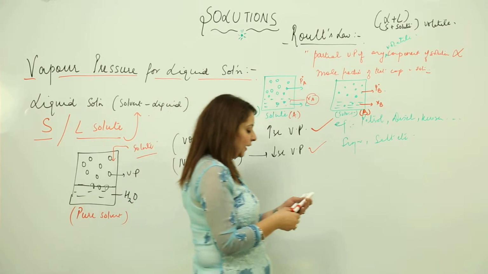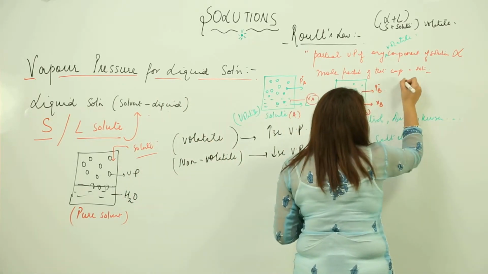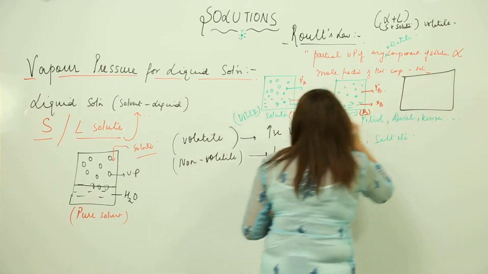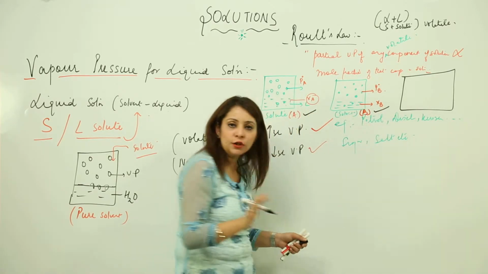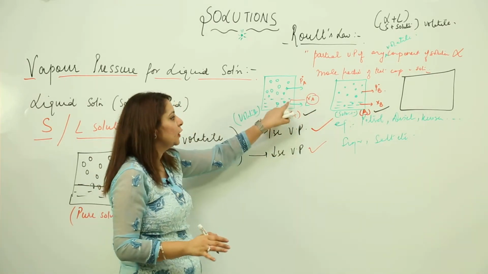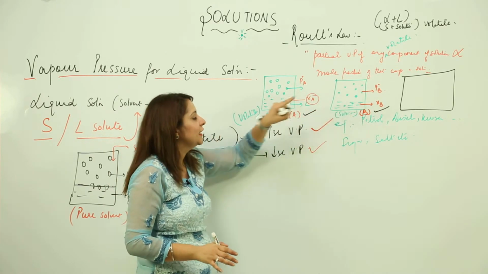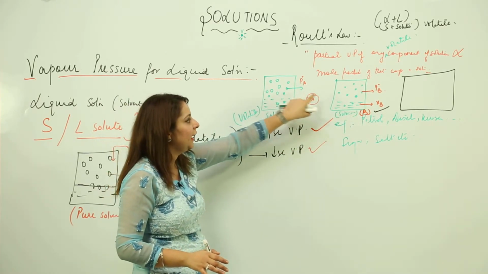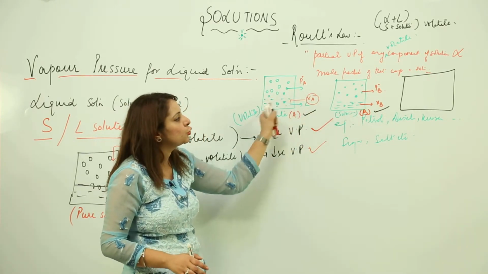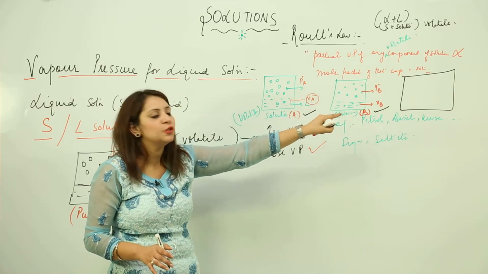Now for this law we need to make a solution first. So let this be a solution in which we are adding both of these. Both are volatile, with mole fractions XA and XB and partial pressures P naught A and P naught B. So let us mix the solute and solvent in a container to form a solution.